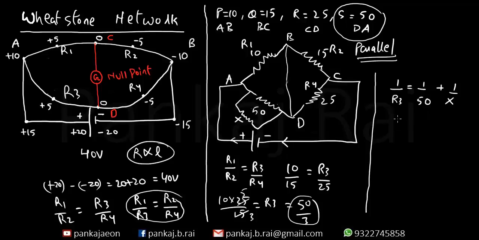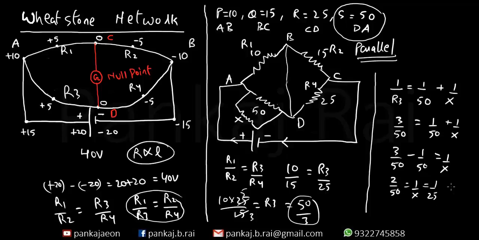1 by R3 would be 3 by 50, equal to 1 by 50 plus 1 by X. So 3 by 50 minus 1 by 50 equals 1 by X. So 3 minus 1, that will be 2, so 2 by 50 would be 1 by X, so that will be 1 by 25.